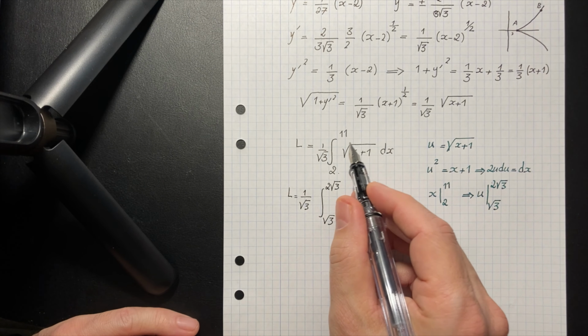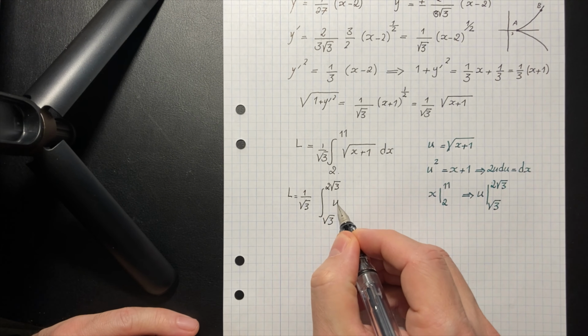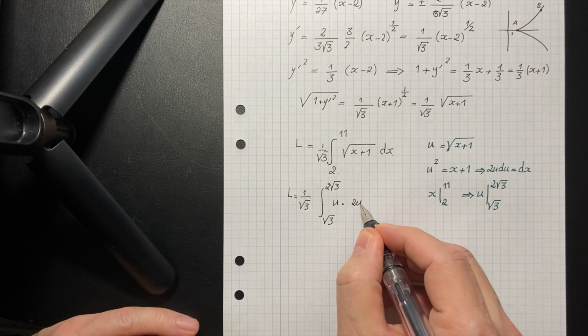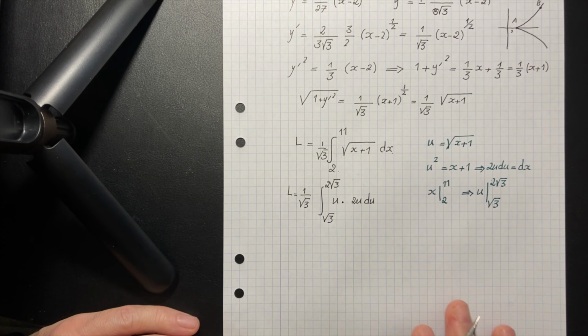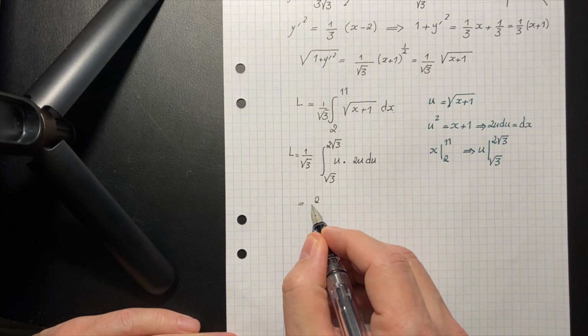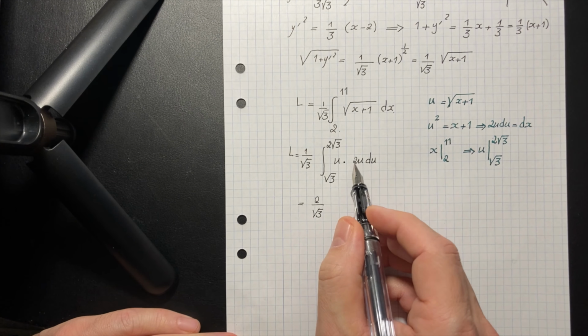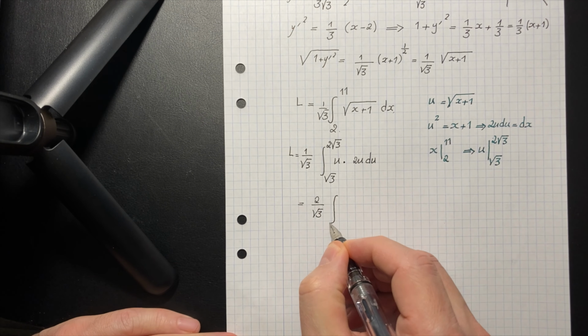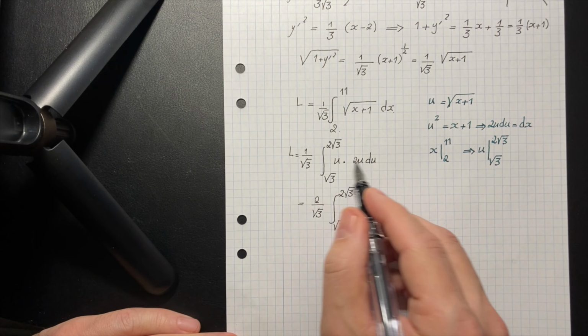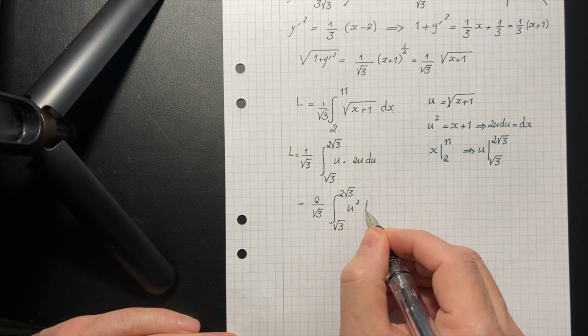Instead of this square root, I put simply u, and instead of dx, I put 2u du. And now if I simplify this a little bit, this becomes 2 over square root of 3. I pull the 2 out, integral from square root of 3 to 2 square root of 3, u times 2 is u squared du.